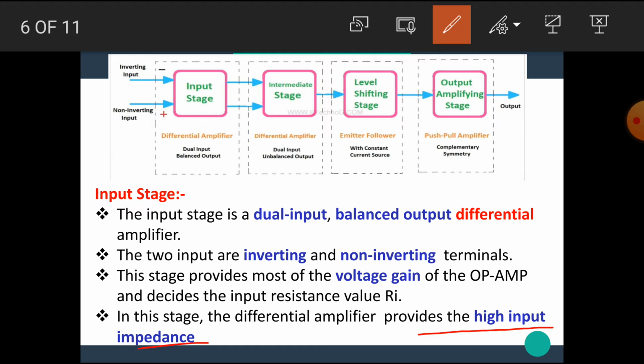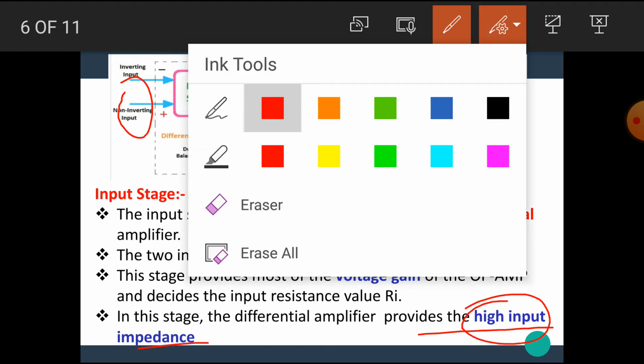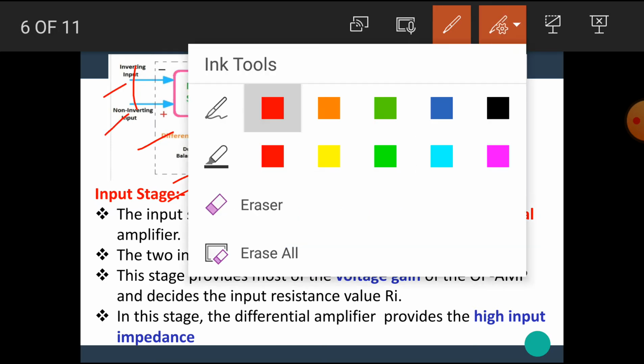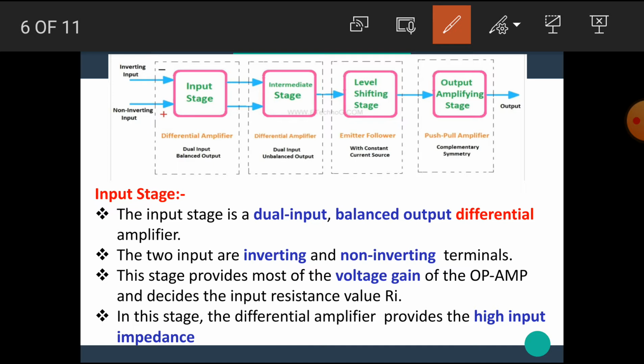That means the resistance between these two terminals, or the impedance of the input, should be very high. I hope you all understand the input stage. It is a dual input balanced output differential amplifier which amplifies the difference between the inverting and non-inverting terminal, and it should have high input impedance.